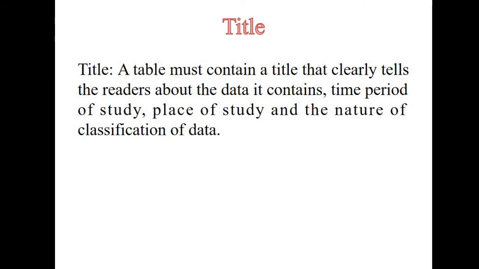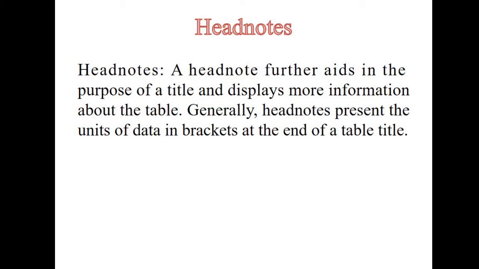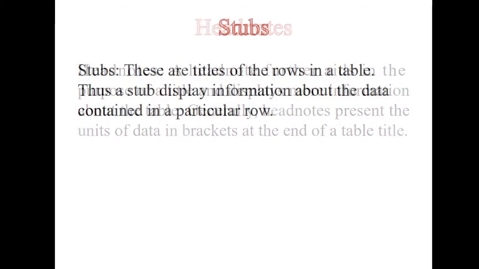What do you mean by title in the table? A table must contain a title that clearly tells the readers about the data. It contains time period of study, place of study and the nature of classification of data.